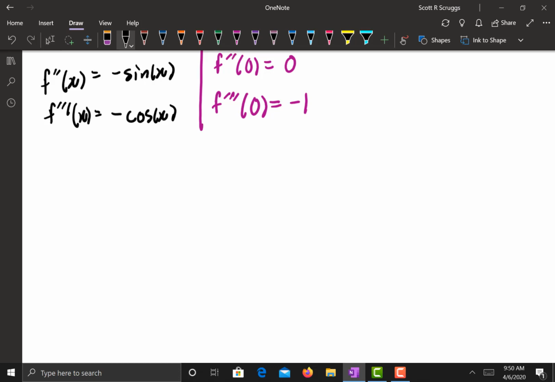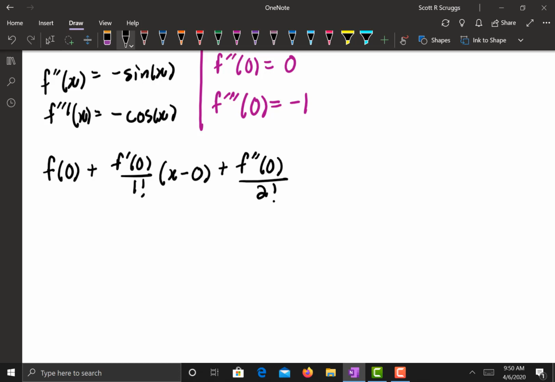So that means the Maclaurin series will be f evaluated at 0 plus the first derivative evaluated at 0 over 1 factorial x minus the center plus the second derivative evaluated at 0 over 2 factorial x minus 0 squared, and then the third derivative of 0, 3 factorial x minus 0 cubed, and so on.